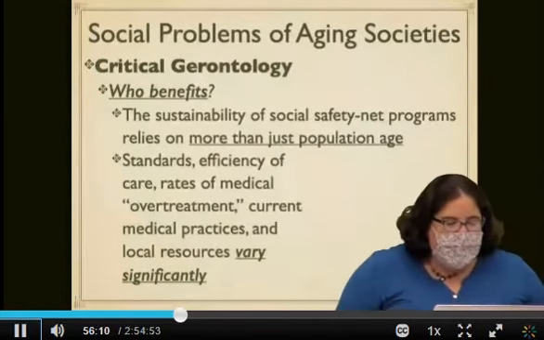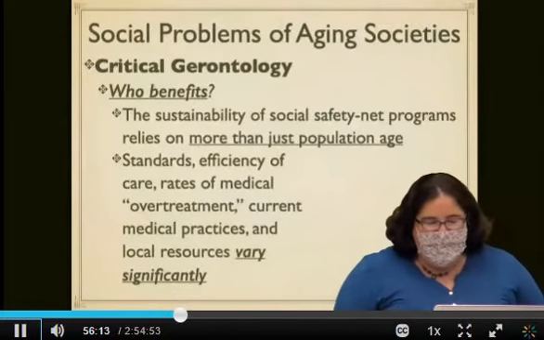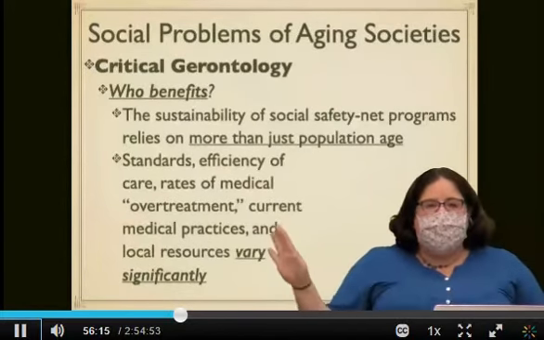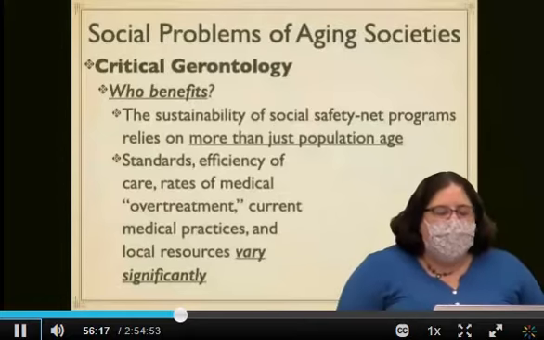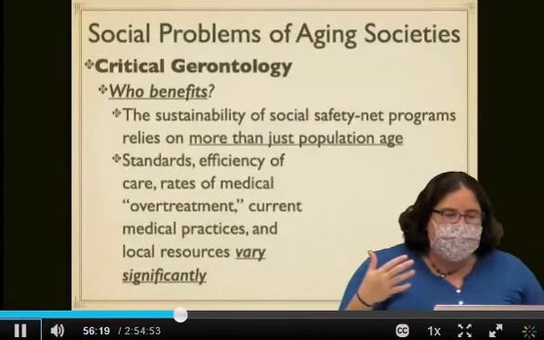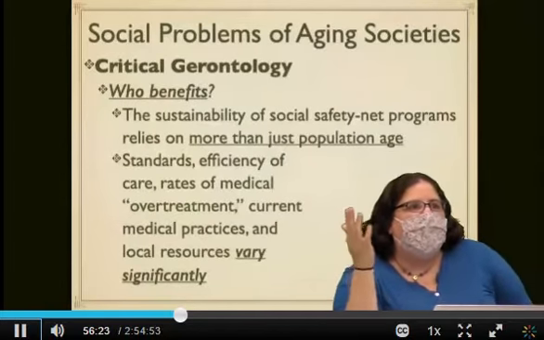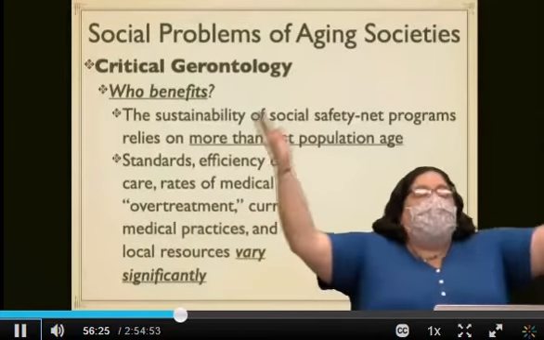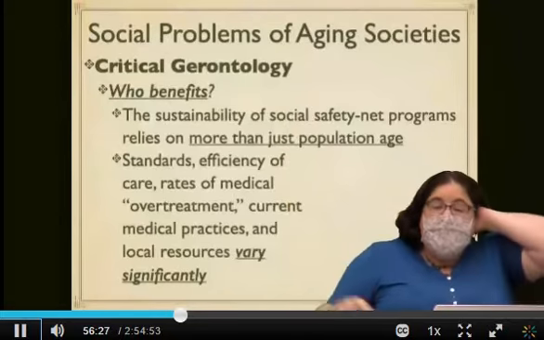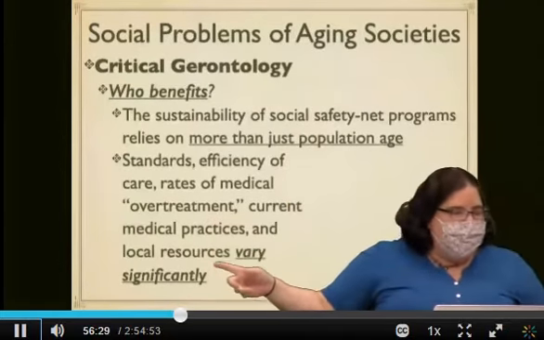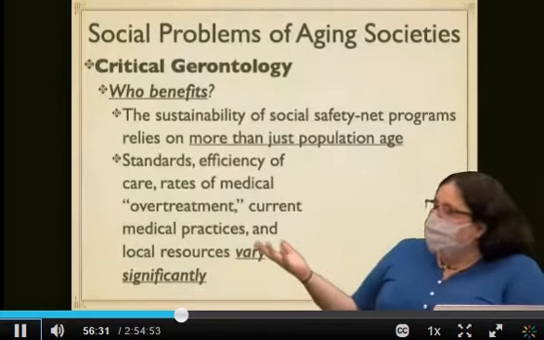Just kidding. So we will talk more specifically about healthcare, but the idea of critical gerontology is that, look, just because there are narratives out there about the elderly, particularly an aging population being a problem, doesn't mean that there aren't other problems, right? Does that make sense?